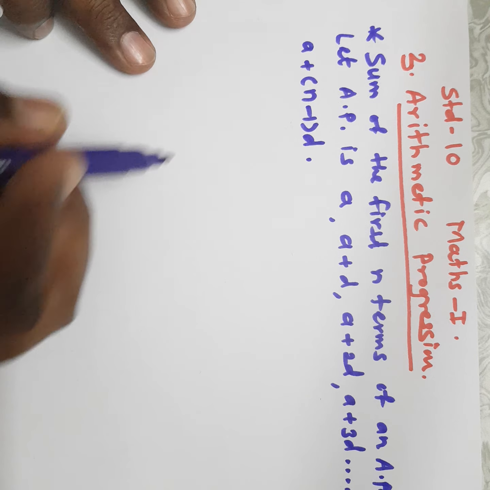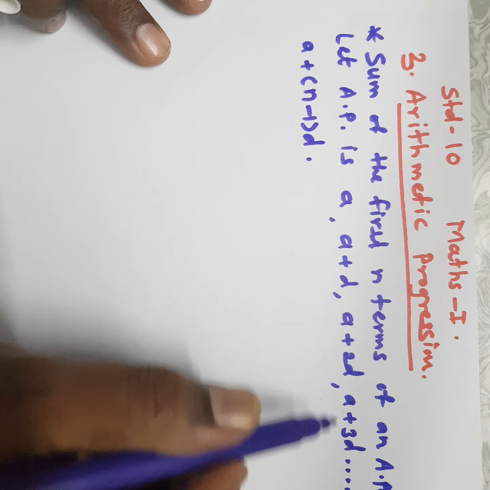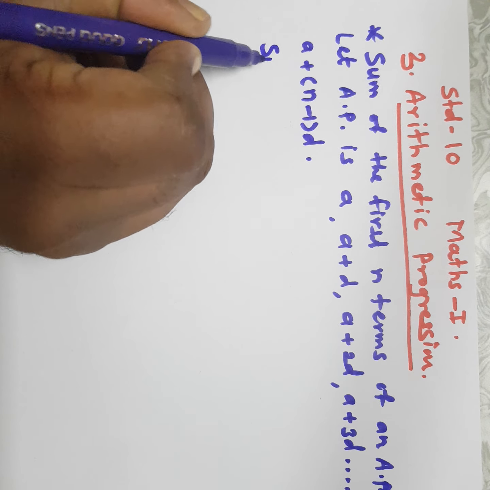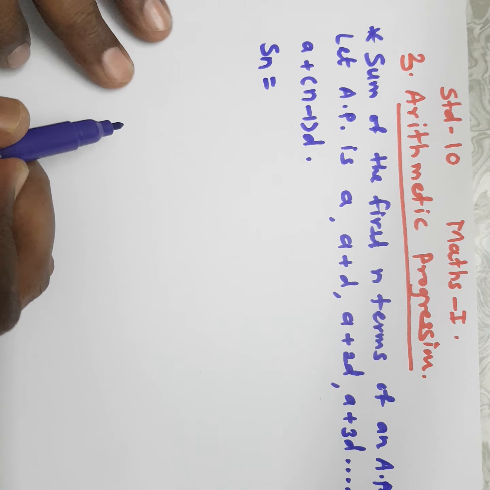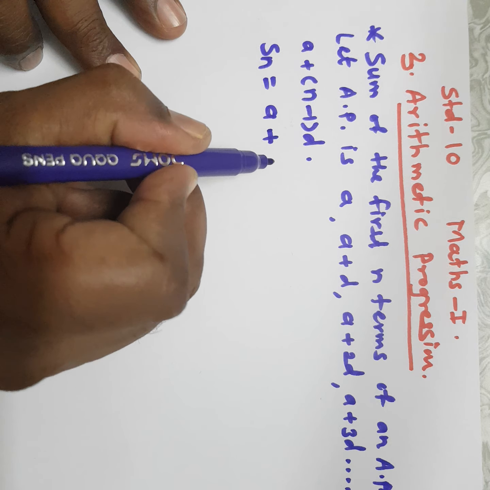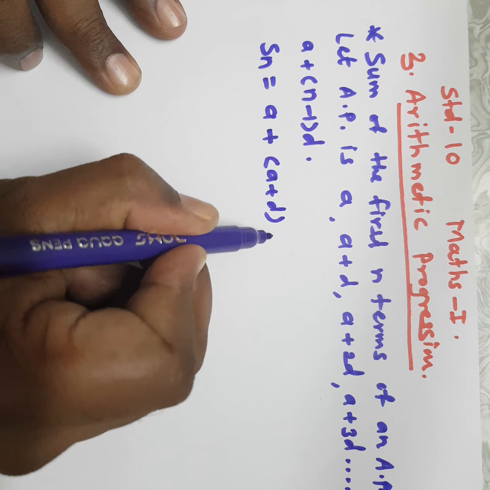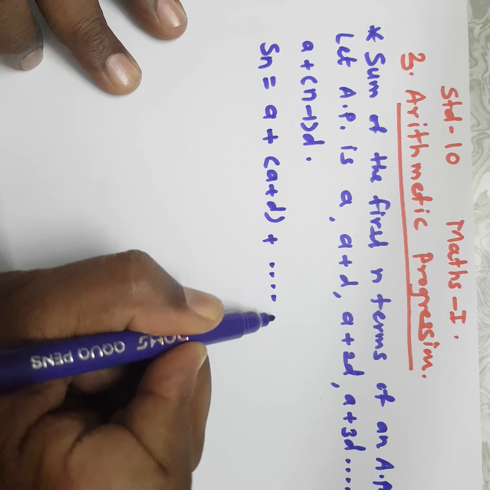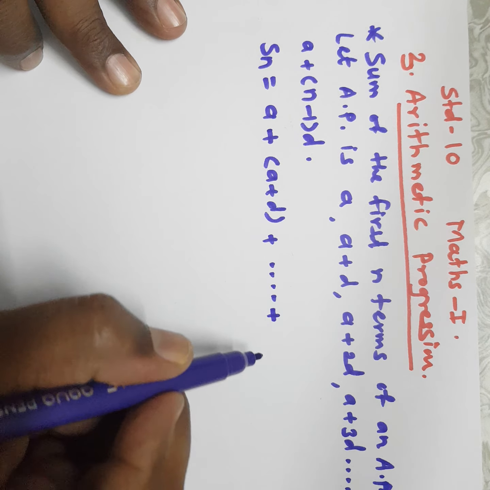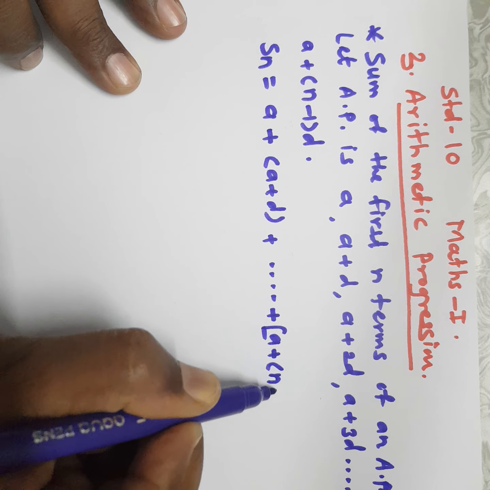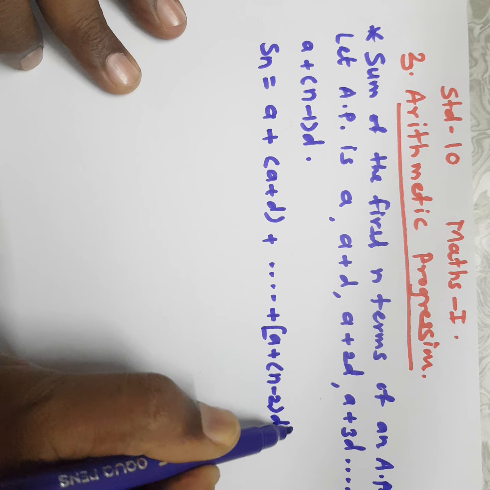Now if we do sum of all these numbers, let it be called Sn, sum of n terms, then we will get Sn is equal to a plus a plus d plus and so on plus a plus n minus 2 into d.